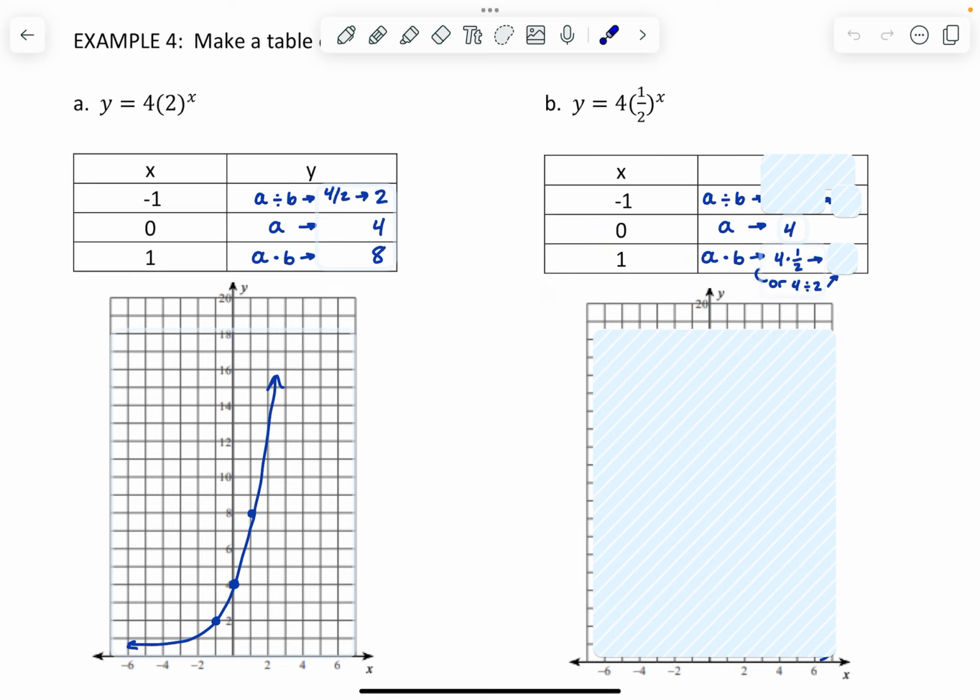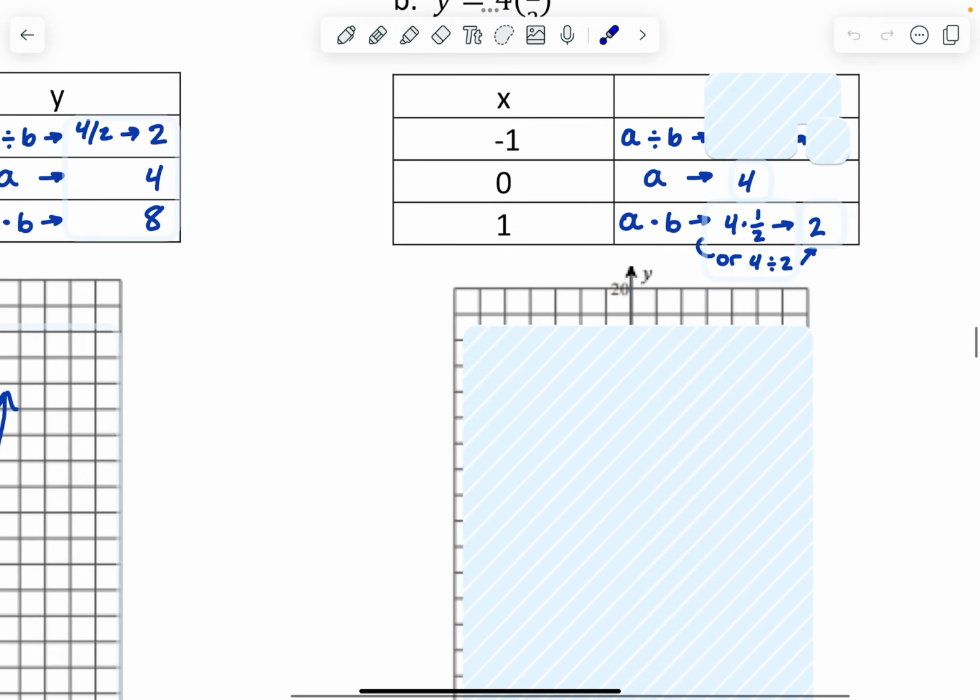Dividing by 2. That gets me 2. Regardless of whether you do 4 times 1/2, you're going to get 2. Half of 4 is 2. Or you could just do 4 divided by 2. So now even though we're increasing our x, we are using division because our multiplier is less than 1.